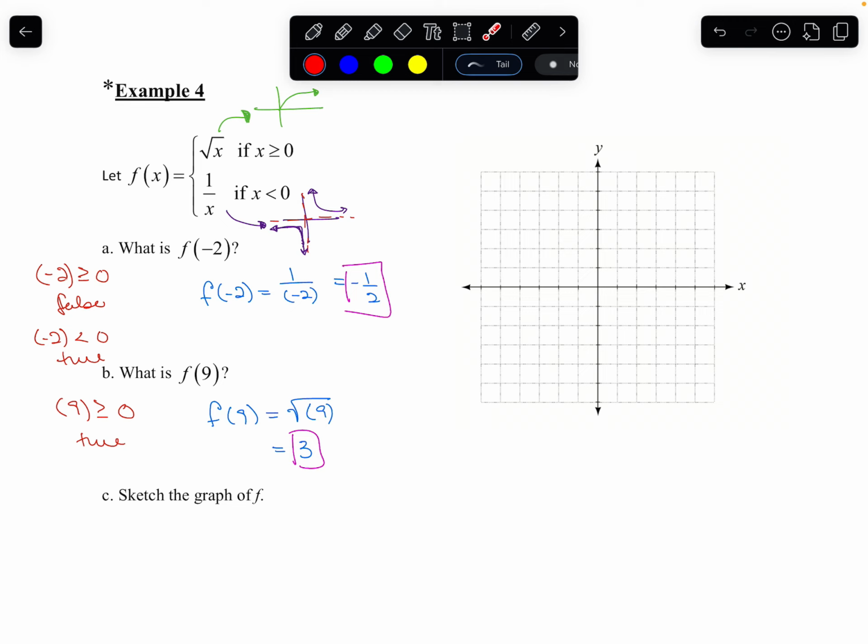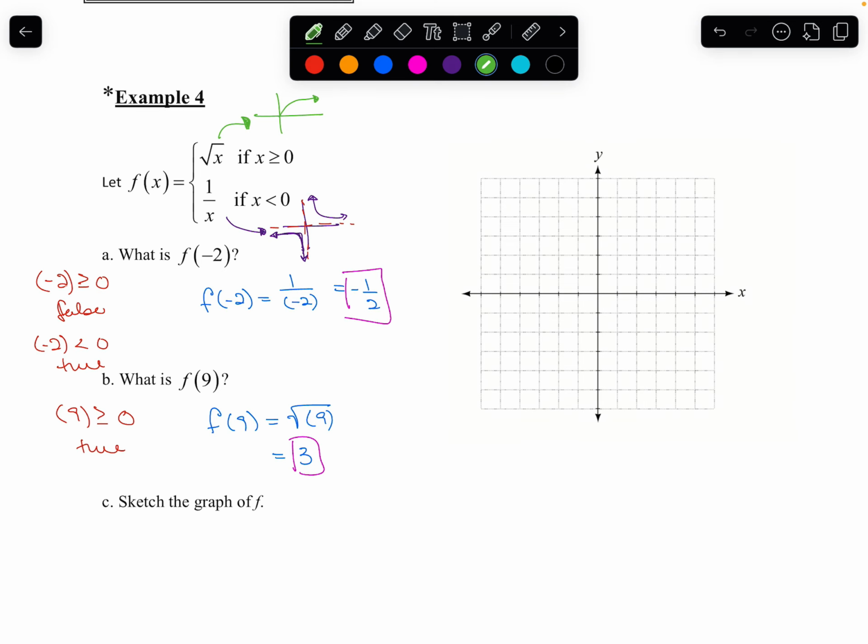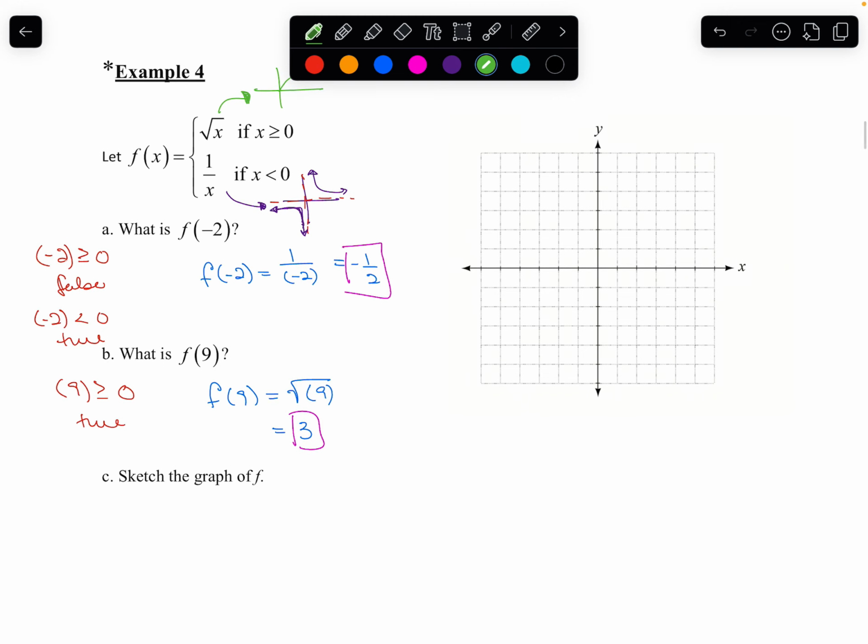Now remember, these restrictions will tell us that we're only going to have part of each function. For the first one, we're looking at x greater than or equal to 0. We remember those key points for the square root function: 0, 0, which is greater than or equal to 0; 1, 1, which is again greater than or equal to 0; and 4, 2, 4 being greater than 0.